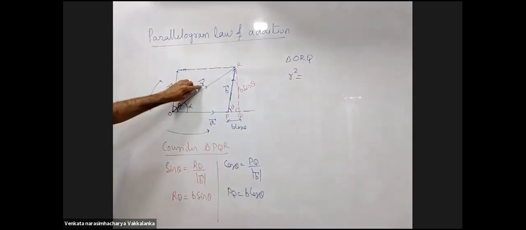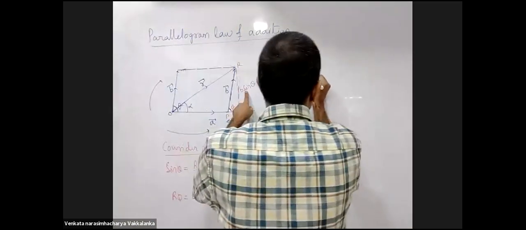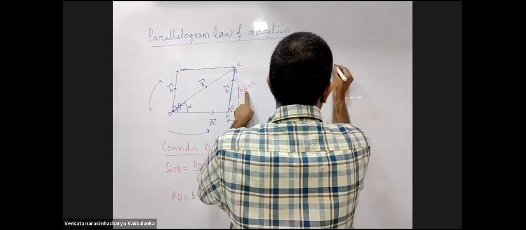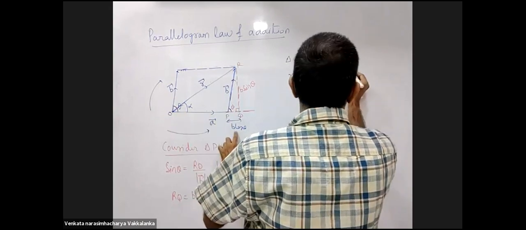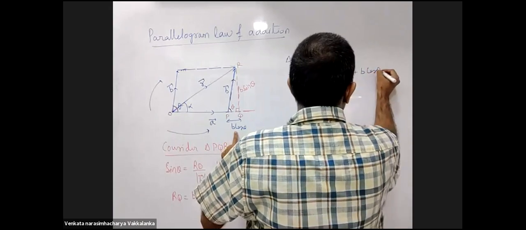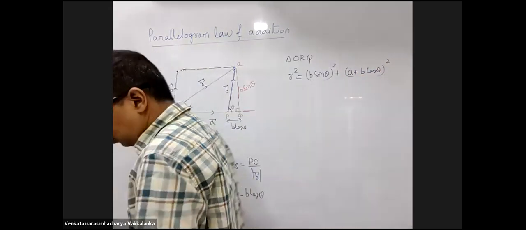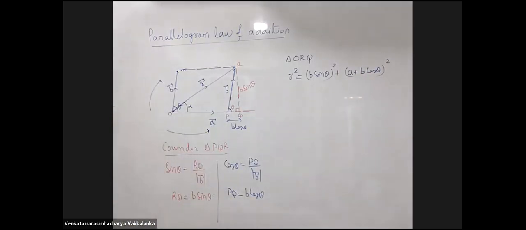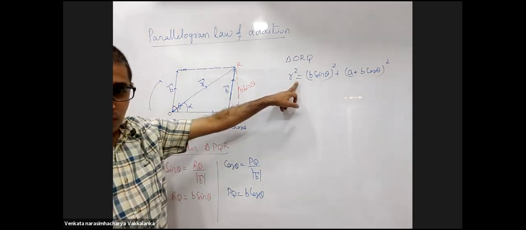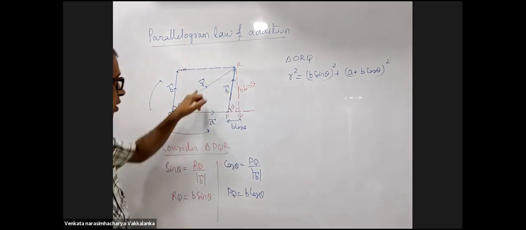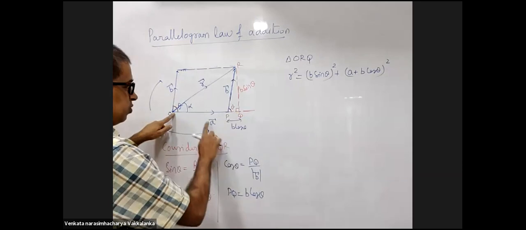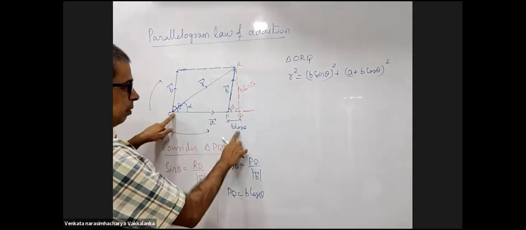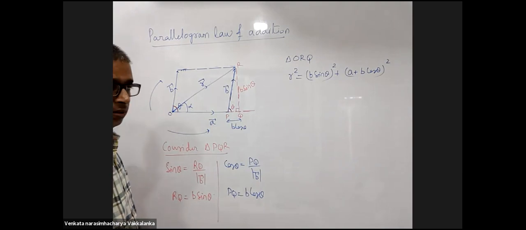R square is B sine theta whole square plus this whole square. This is A plus B cos theta. What did I use? Pythagoras theorem. R square is B sine theta whole square plus this complete length A plus B cos theta whole square.